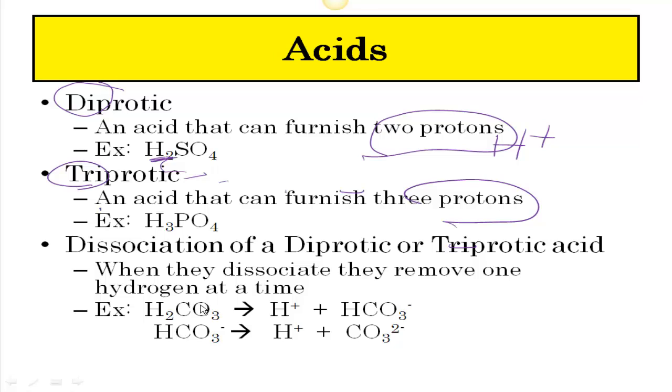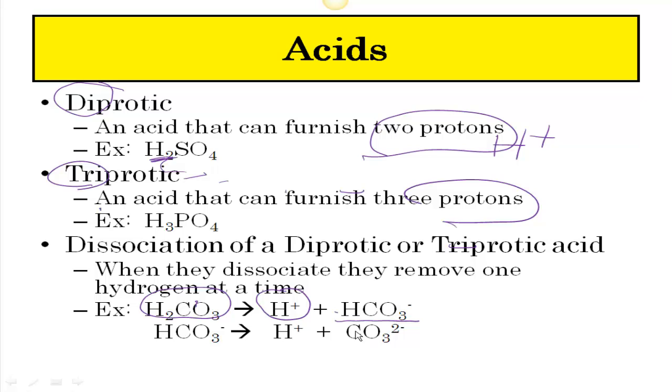Notice the dissociation down here of carbonic acid. What they do is donate 1. It donates its 1 hydrogen, and then it gets an ion, HCO3.